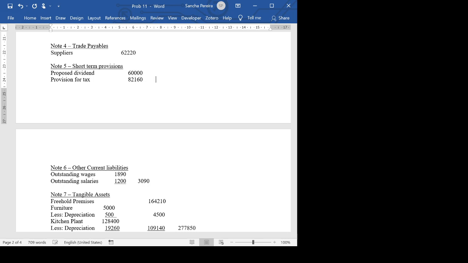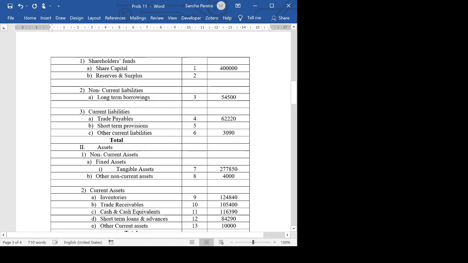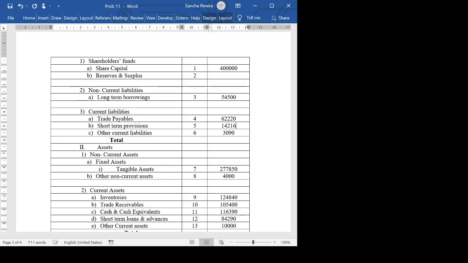And that will be 180 plus 60 is 140, 142,160. So that I will transfer to short-term provisions now. 142,160.